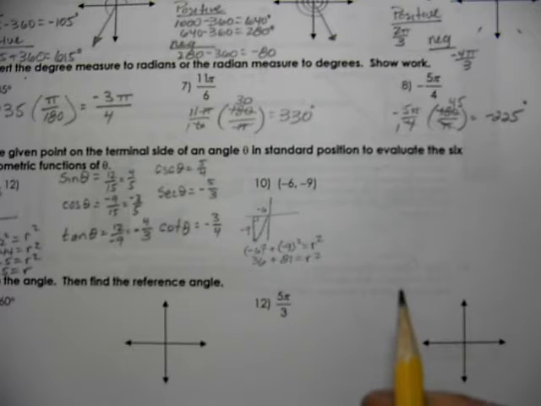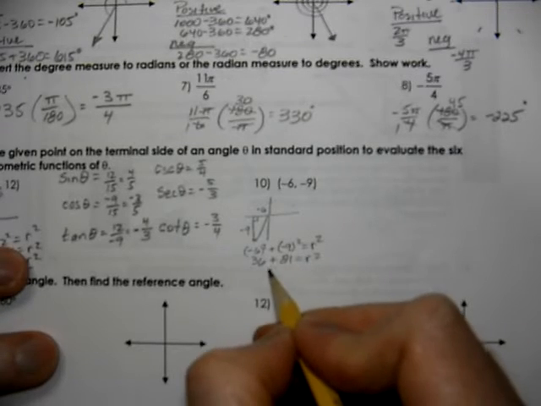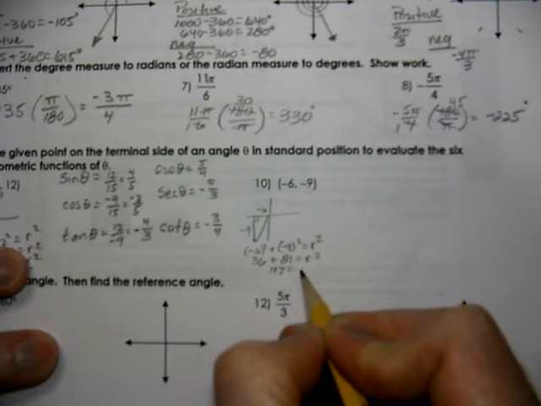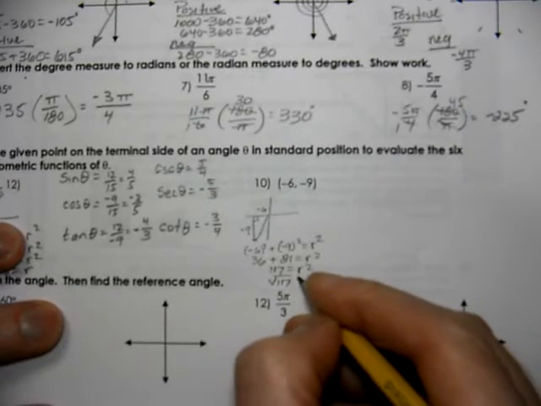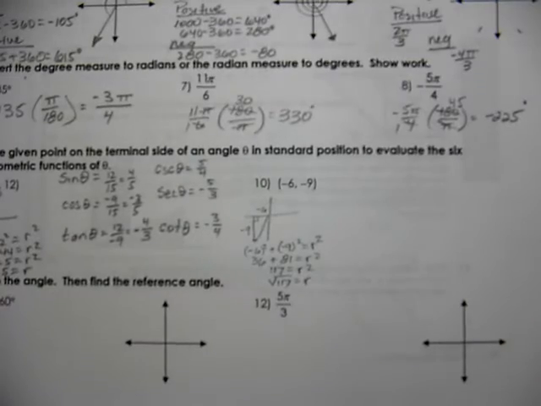So 36 and 81 comes out to be 117. So we're going to get the square root of 117.